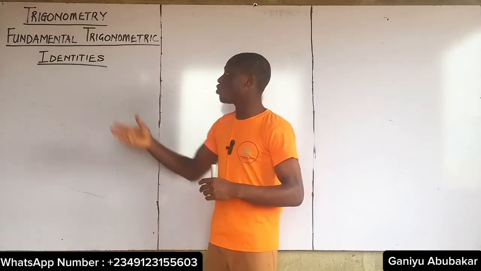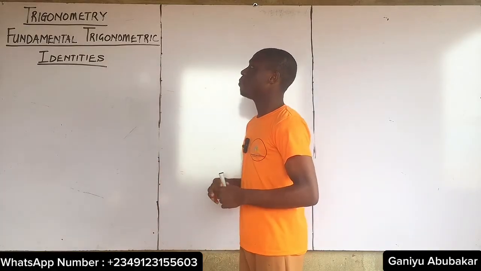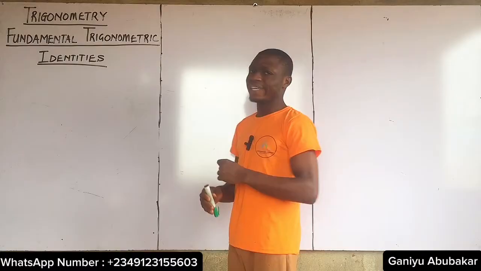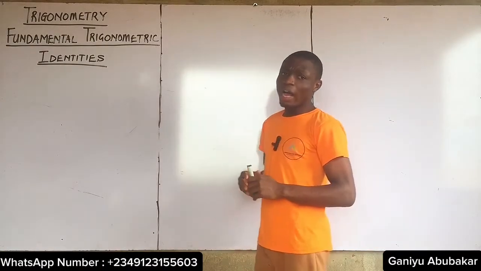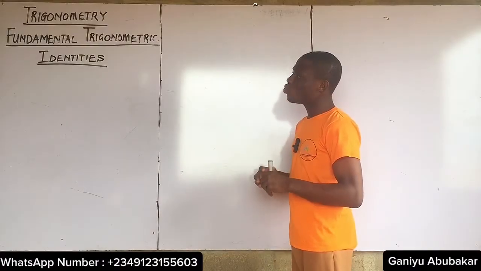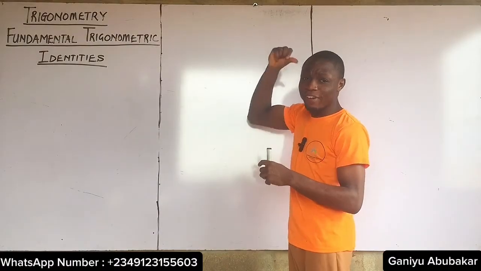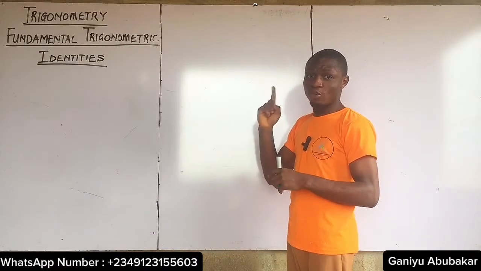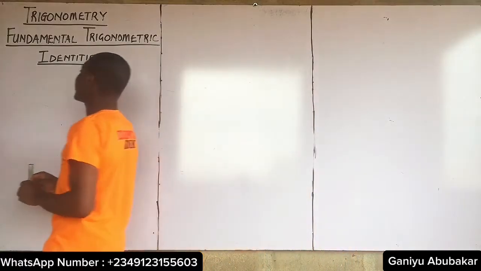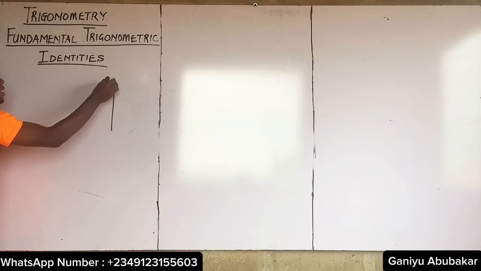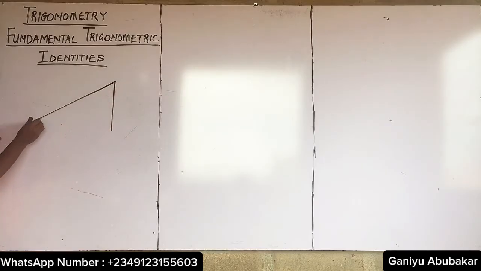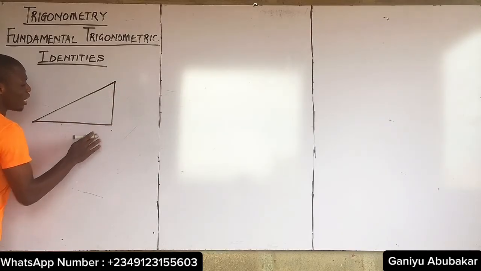All right, let's discuss the concept behind fundamental trigonometry identity. Before I start deriving this trigonometry identity, I would like to recall our very first class of trigonometry, where we identified the concept of a right angle triangle.